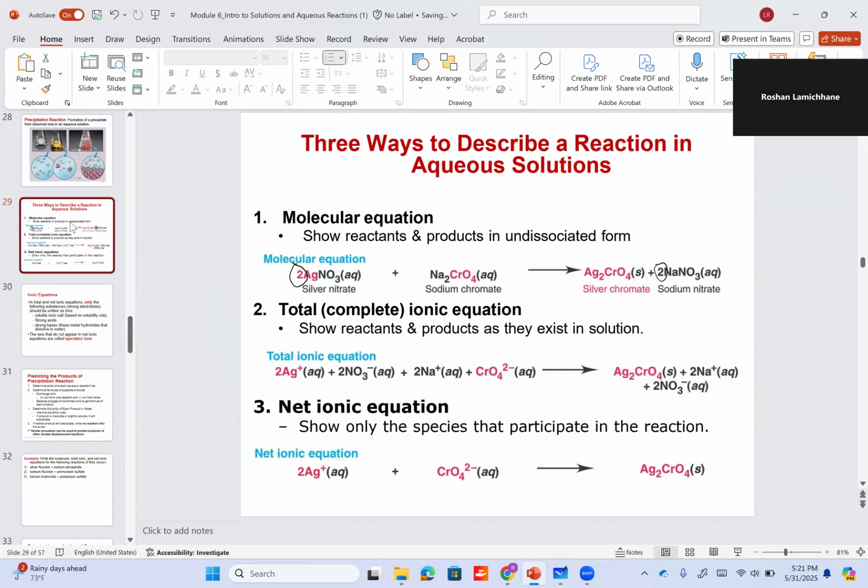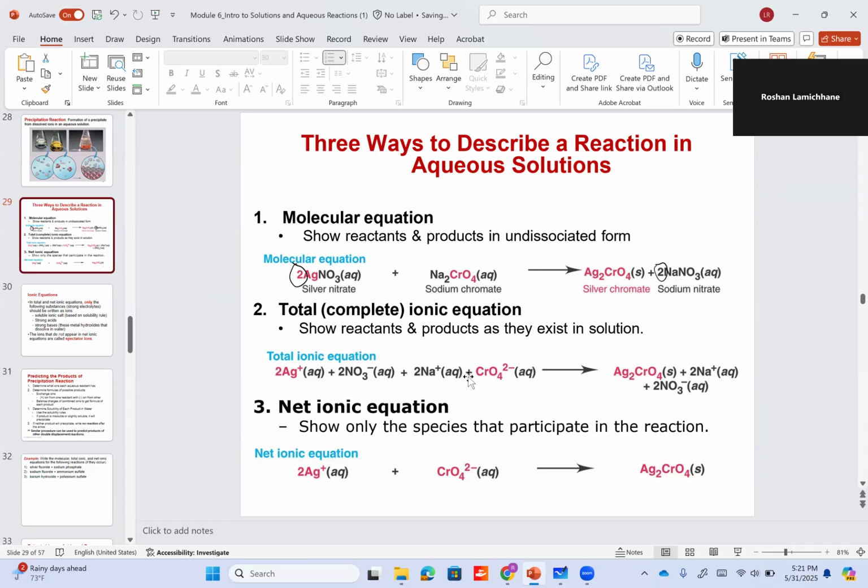Which is right here. Now, whenever you have your total complete ionic equation, keep in mind the atoms and the charge must balance out. For example, in my reactant side, the overall charge is 0. Same thing over here. Now let's check. I have 2 plus charge on silver, 2 plus charge on sodium.